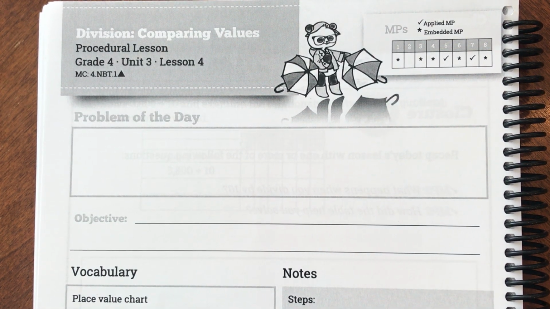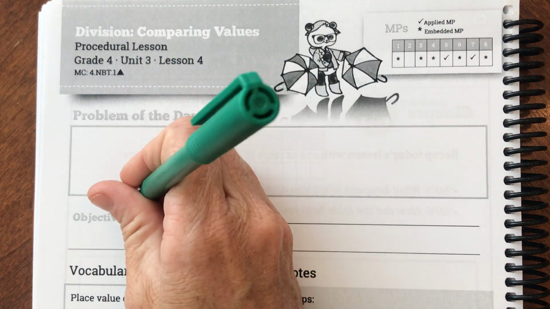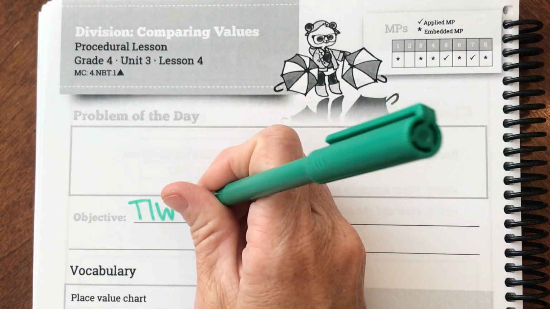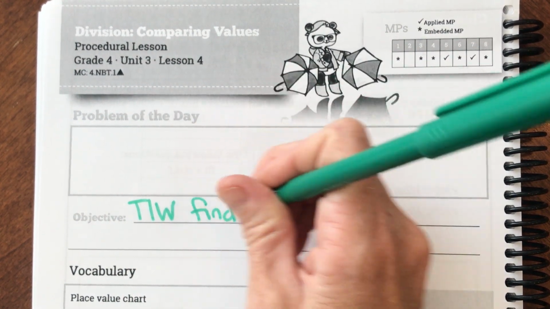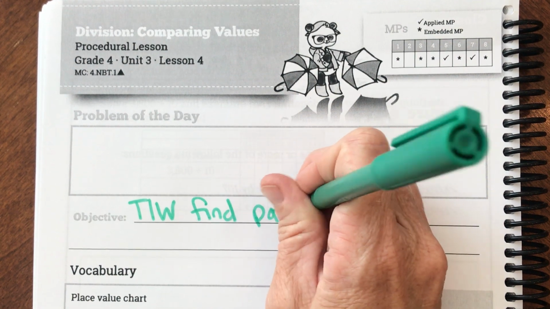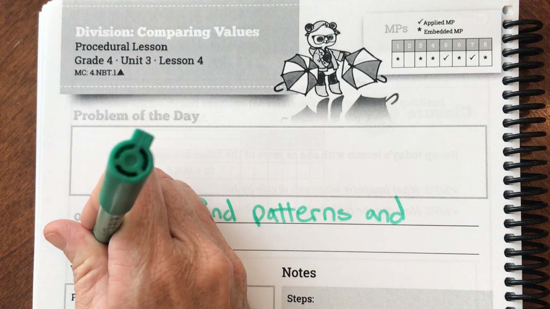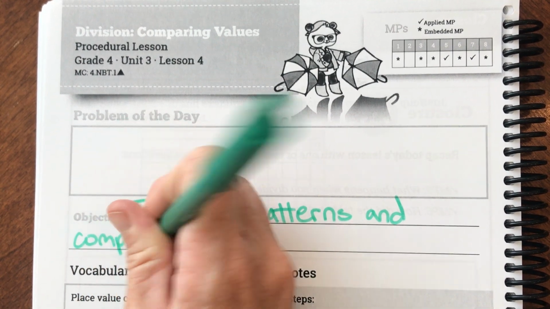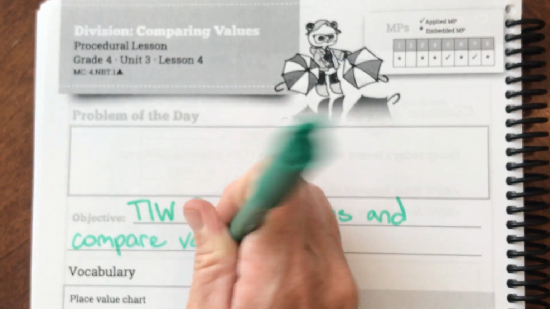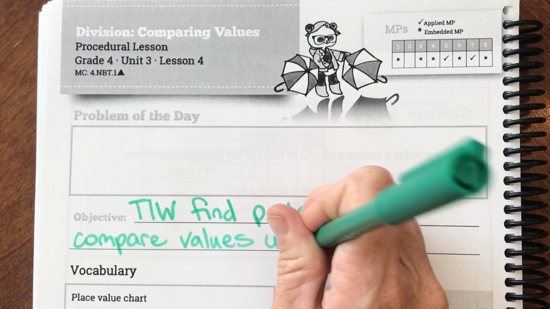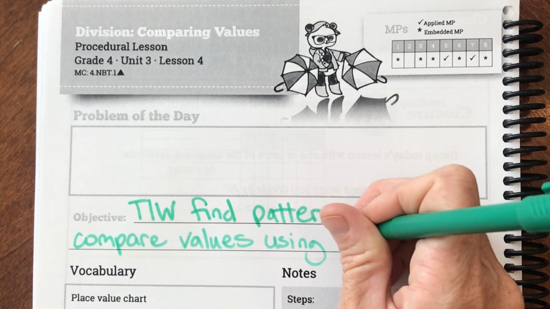Today we are on page 191, and our objective for today is: today I will find patterns and compare values using division.